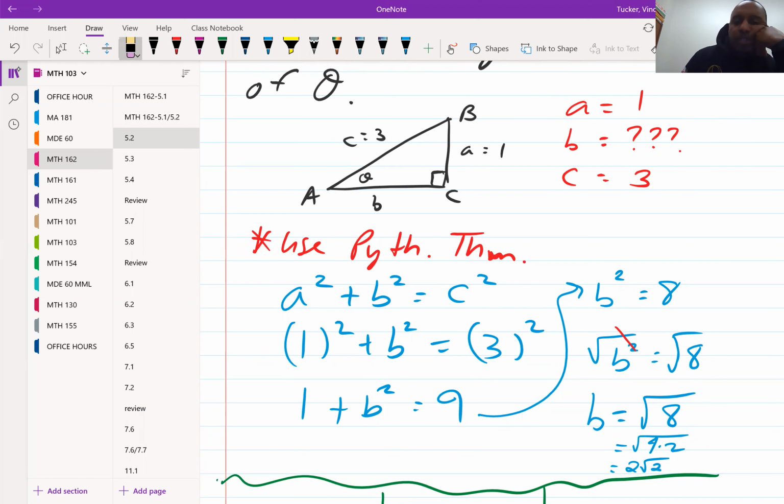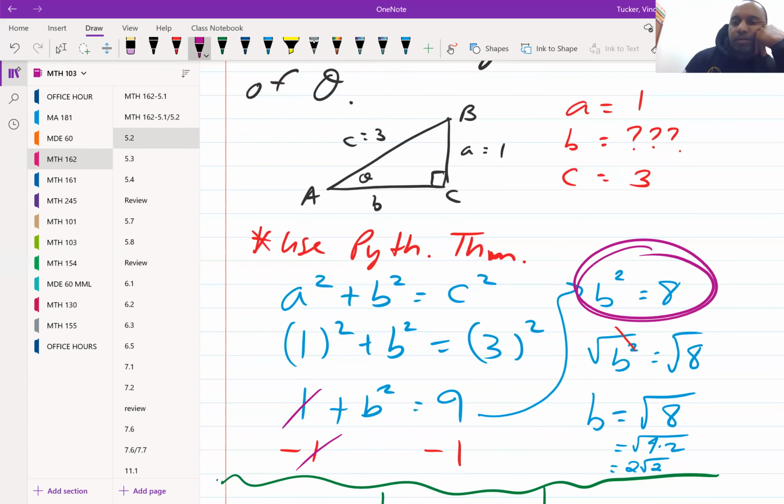That gives us 1 plus b squared equal to 9 once we do our squaring. Then we can subtract 1 from both sides. The 1's cancel on the left, and that'll be b squared equal to 8.